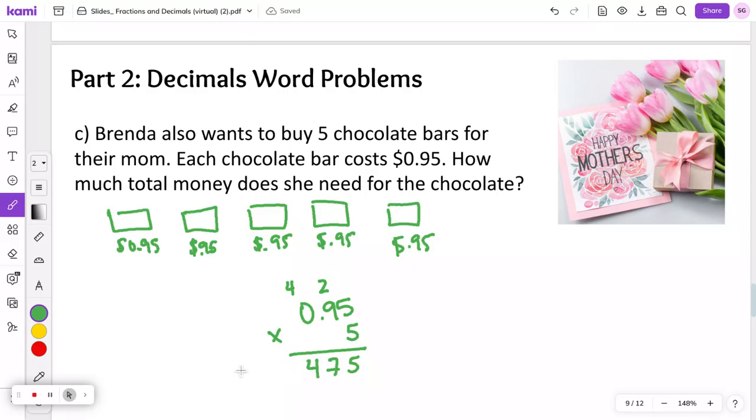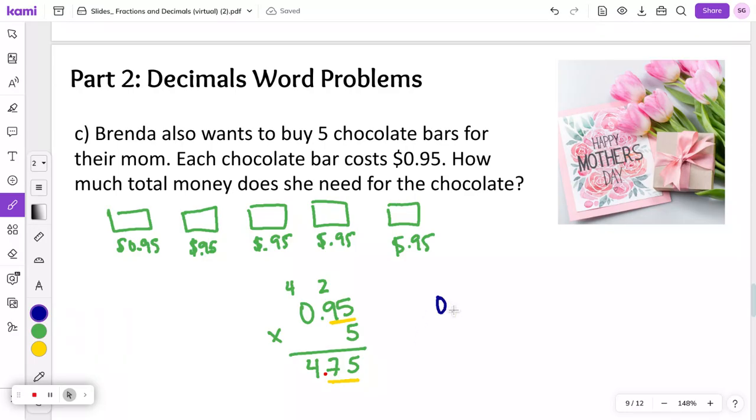The final part to this is where you would put your decimal point, and the way you figure it out is you count how many numbers come after the decimal point in the problem. So for example here, there is a total of 2 numbers after the decimal point, so I need 2 numbers after my decimal point in my answer, and so it would be 475.